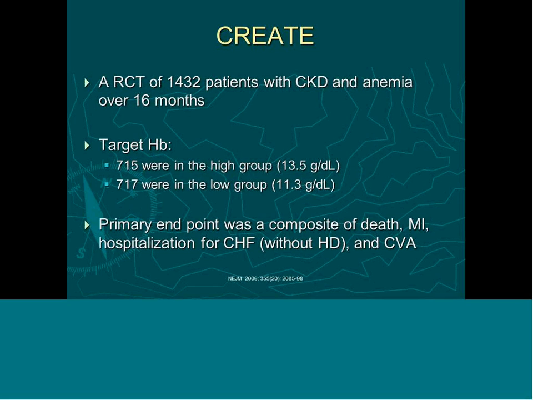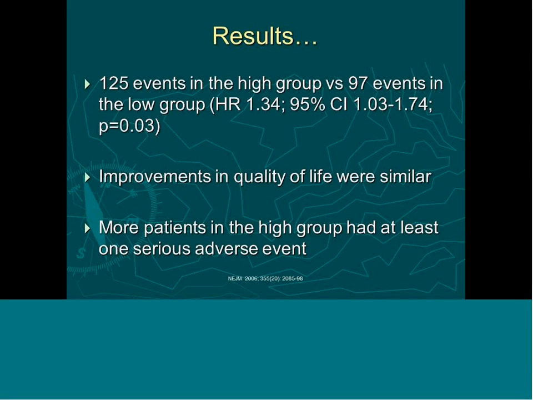Their endpoints were death, MI, CHF, and CVA. And the result: 25 patients in the high group, 97 patients in the low group. There was no improvement in quality of life or it was similar. The high group had at least one serious adverse event.